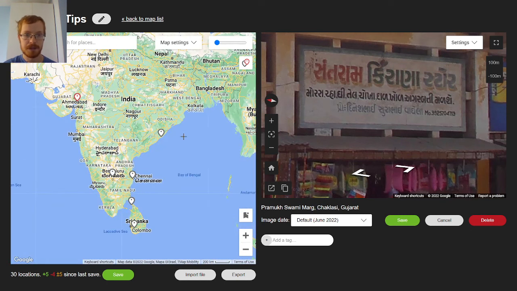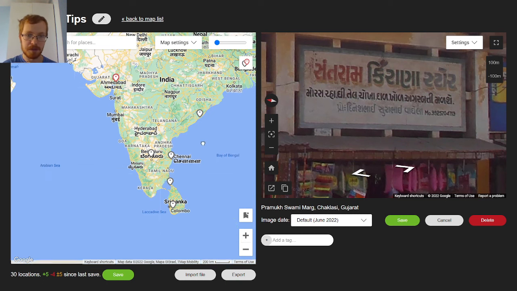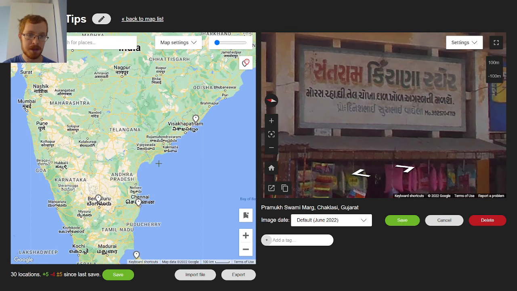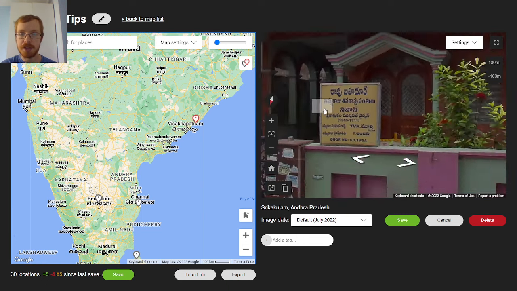And then further south, you have a lot more scripts with rounded or curved characters, a lot more similar to Sri Lanka. In the states of Andhra Pradesh and Telangana, you have the Telugu script.